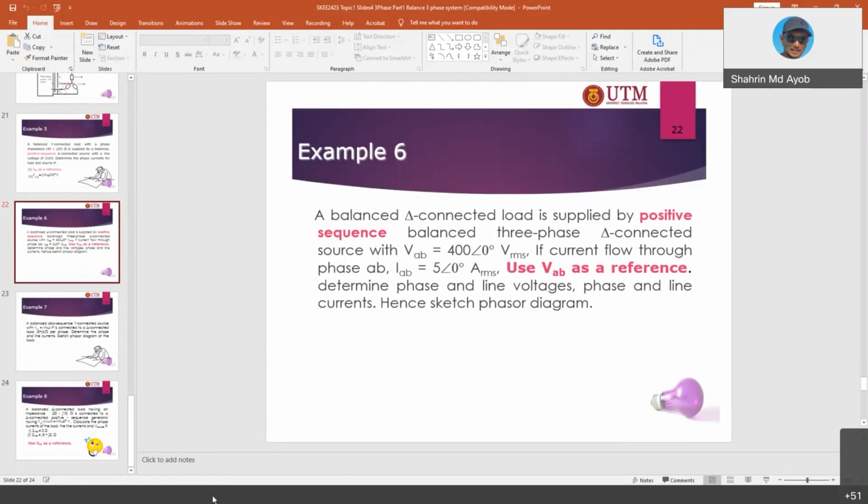It depends, because some lecturers refer to other books. For example, our textbook, Sadiku, I think uses RMS, but there is another book that uses maximum values.